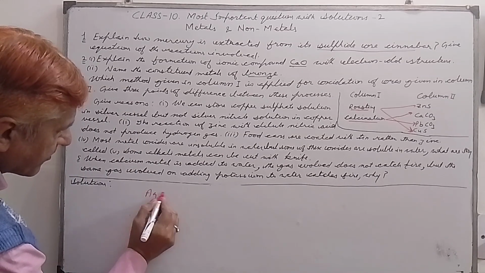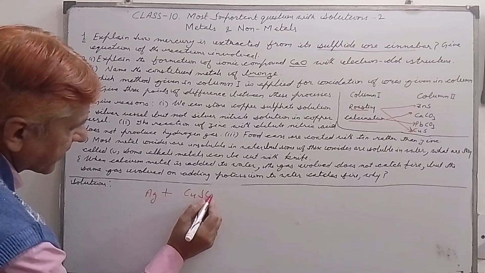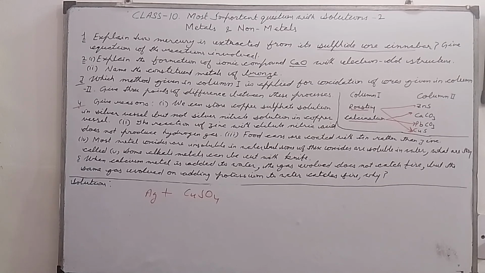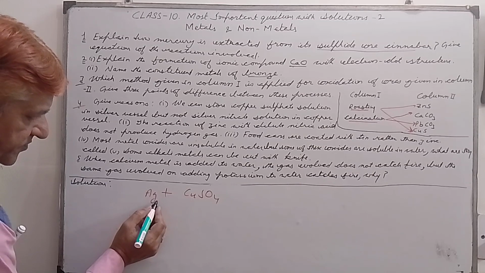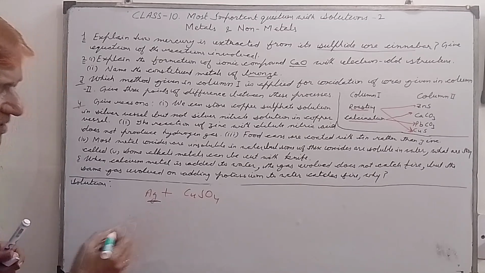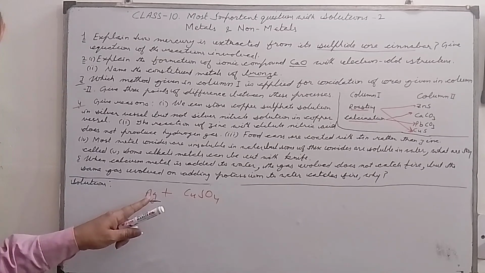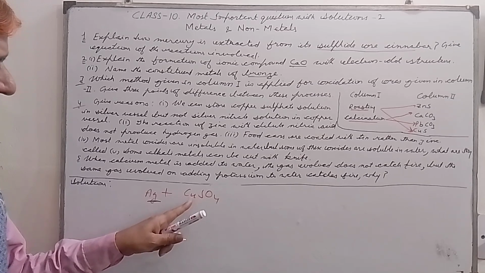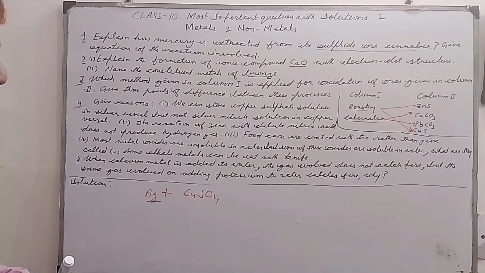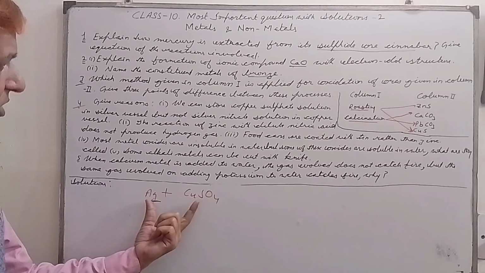Silver plus copper sulfate. If you remember the activity series, then you can remember that silver lies below copper. So silver cannot displace copper, so copper sulfate and silver will not react.